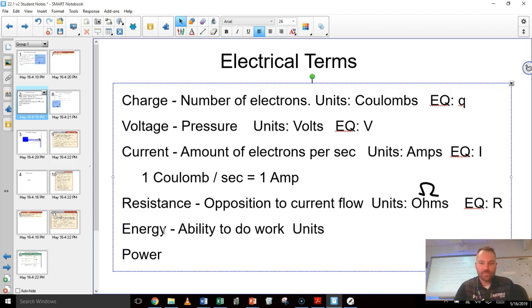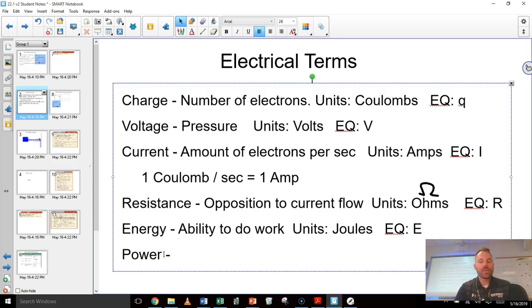Its units, you probably already know, you just didn't know that, are joules. Maybe you remember back to thermodynamics. Joules are energy, how much heat that you have. So in electrical terms, all electrical devices create heat. So we'll be using energy quite a bit. In an equation, you'll see it as the letter E for energy.